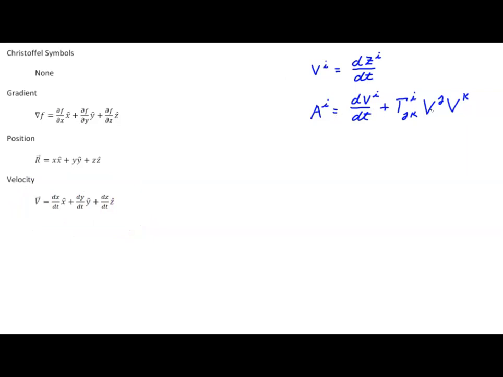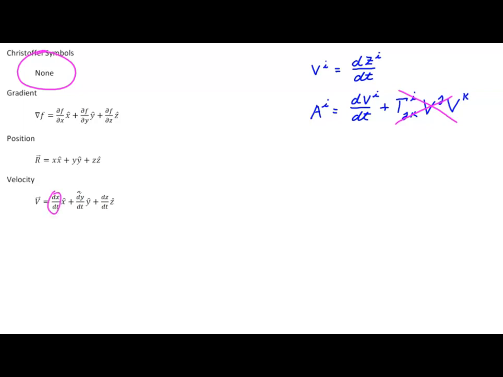Okay, for the acceleration, it's similar, but the expression is more complex. However, in Cartesian coordinates, we know that there are no Christoffel symbols. All the Christoffel symbols are 0. Therefore, this expression drops out of this formula for Cartesian coordinates. So the acceleration components is simply the time derivative of our velocity components.